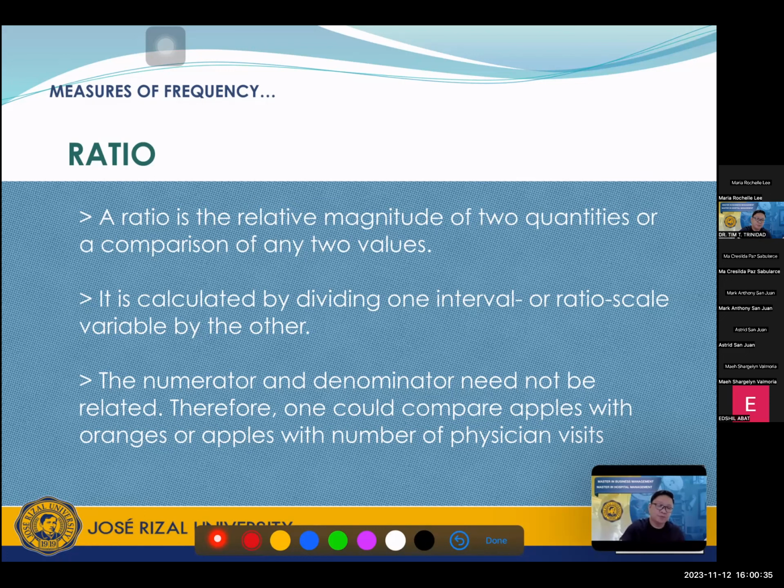So, example, there are 4 males and 6 females. Compute for the ratio: what is the male to female ratio?